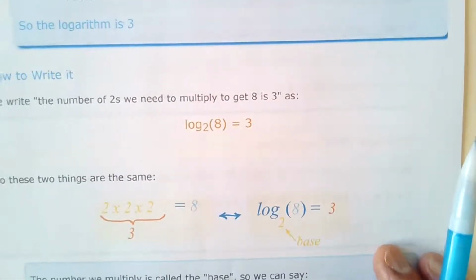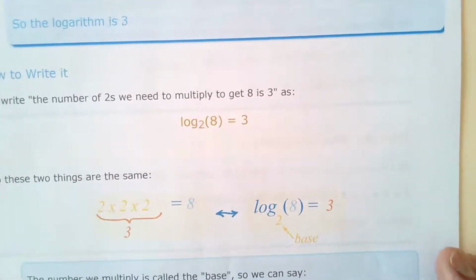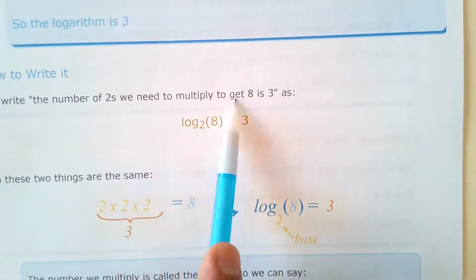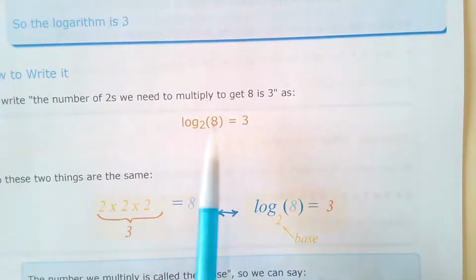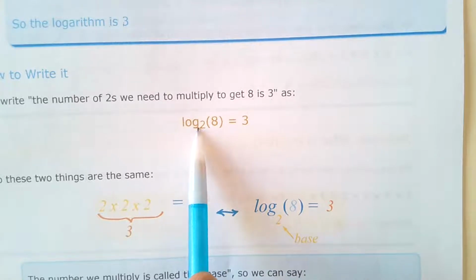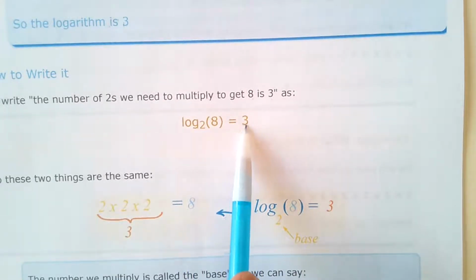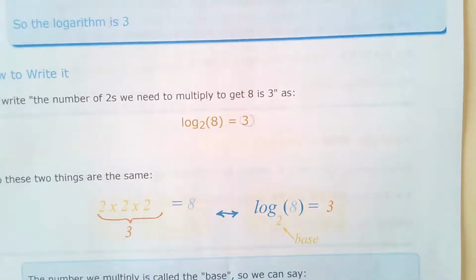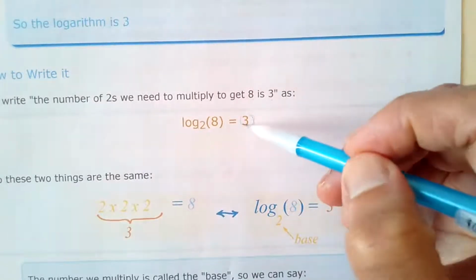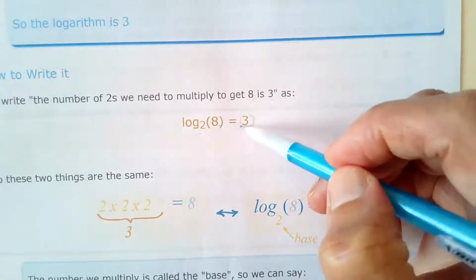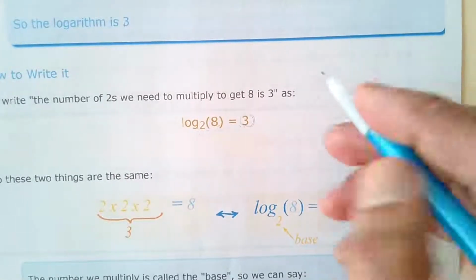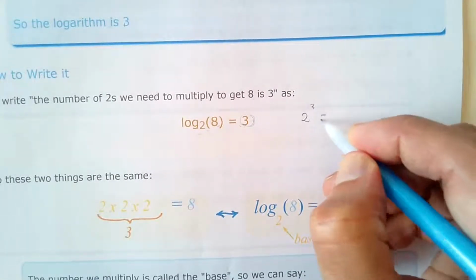And how do we write that? We write the number 2, which we need to multiply to get 8, and the answer is 3. So log base 2. If we look at the relationship, this would be 2 to the power 3 is equal to 8.